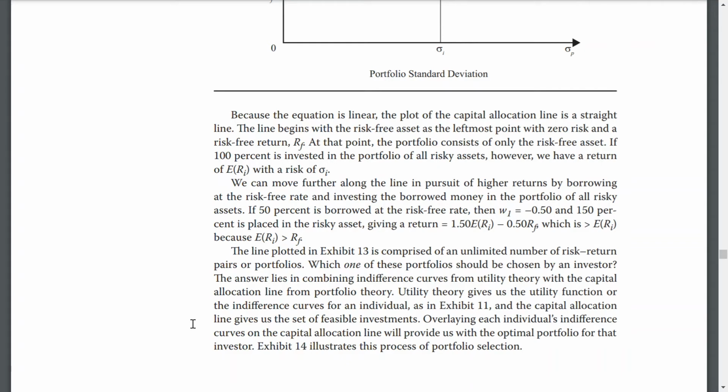At this point the portfolio consists of only the risk-free asset. If 100% is invested in the portfolio of all risky assets, however, we have a return of E(RI), with risk of standard deviation sigma I. We can move further along the line in pursuit of higher returns by borrowing at the risk-free rate to invest.